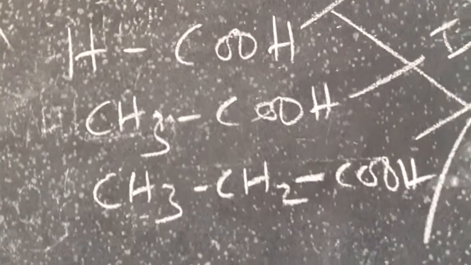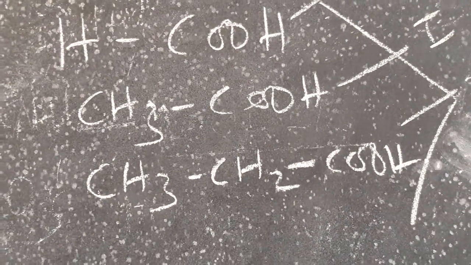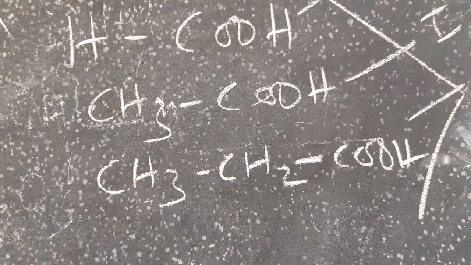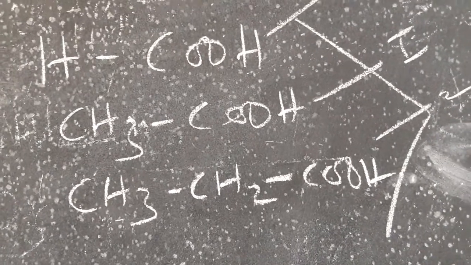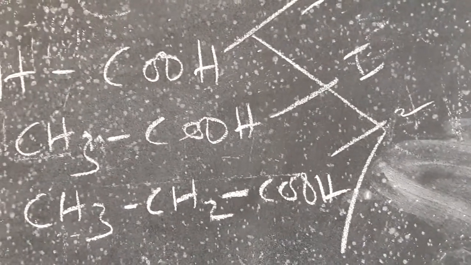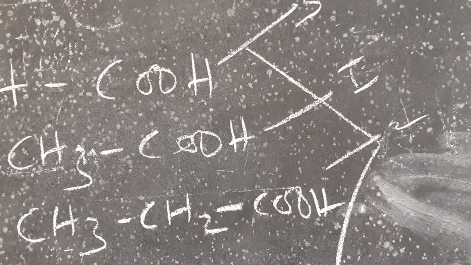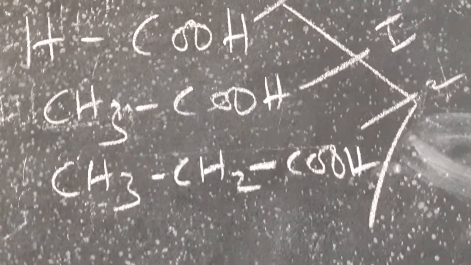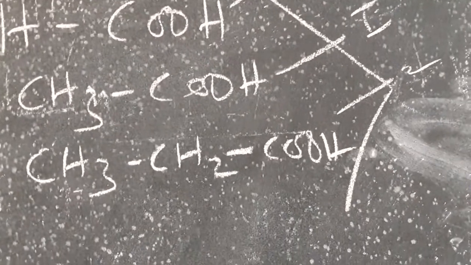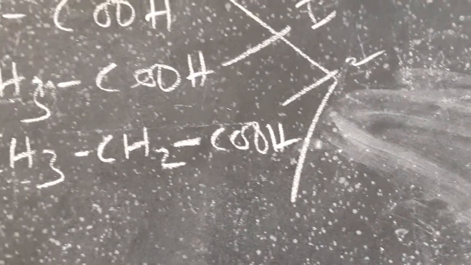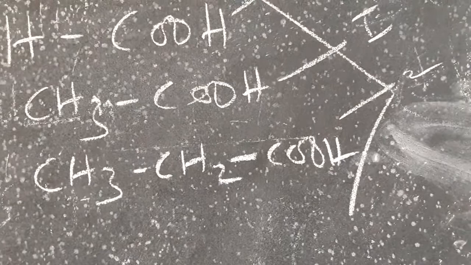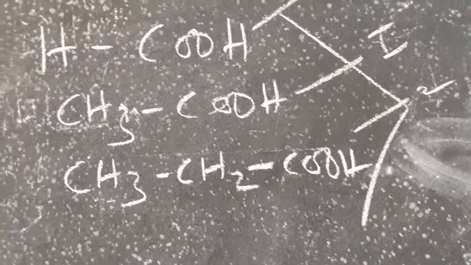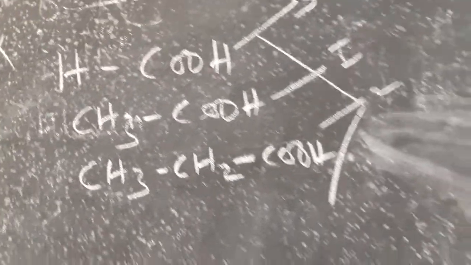If you see some acids like this, you can see formic acid, acetic acid, and propionic acid. Acidity is calculated. Acetic acid has the maximum acidity. Formic acid has the least acidity, and propionic acid is second among these three compounds.